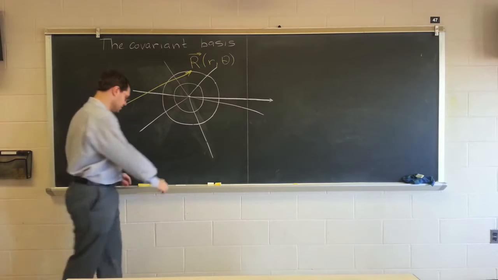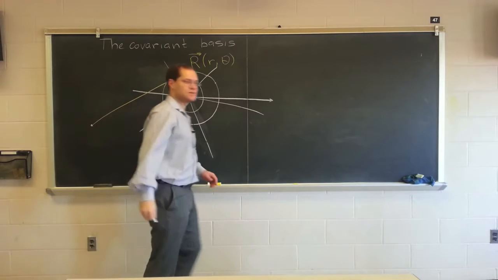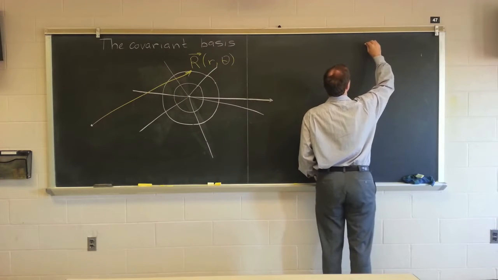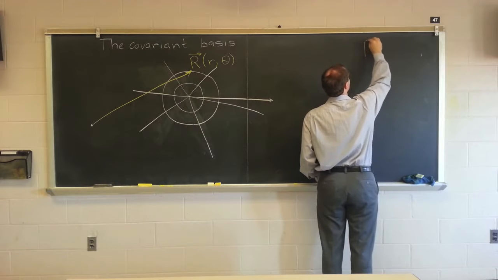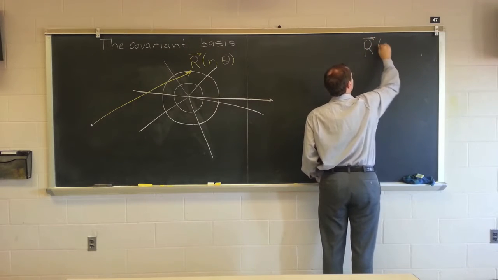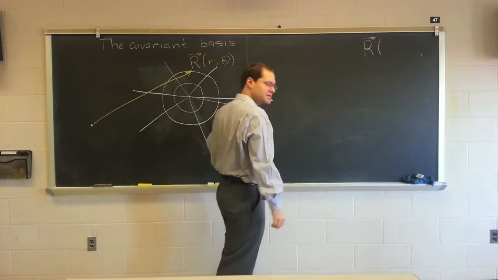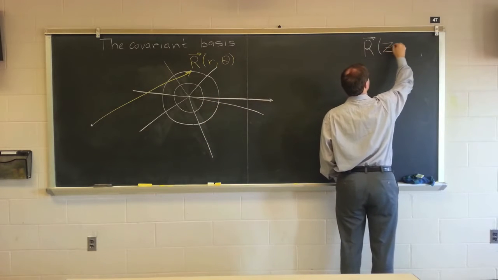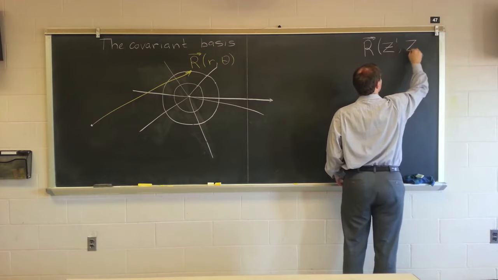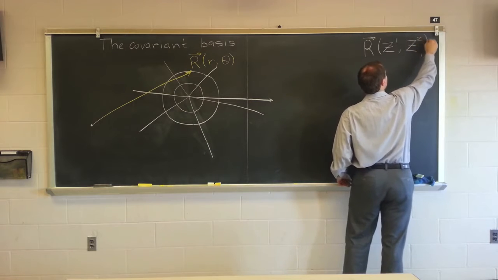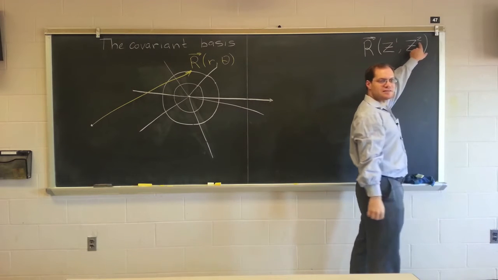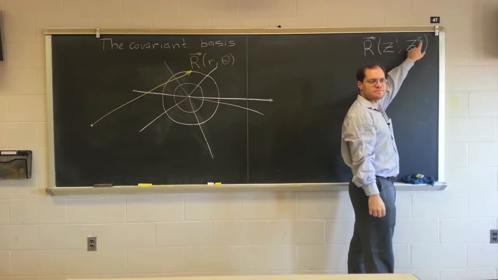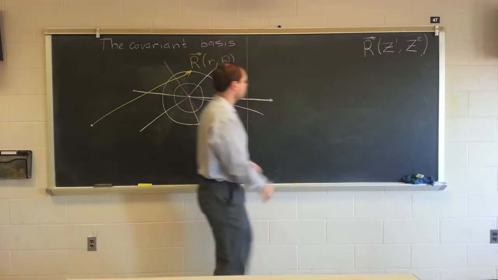Or, more generally, here comes the first instance where you see new types of indices. R will be a function of our two coordinates. In particular, it could be r and theta, but generally it's Z1 and Z2. So coordinates are denoted by an upper index, a superscript. That's just our notation.